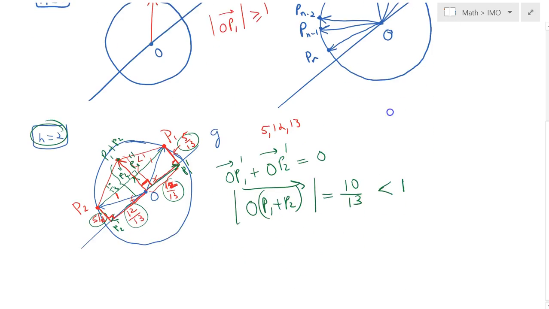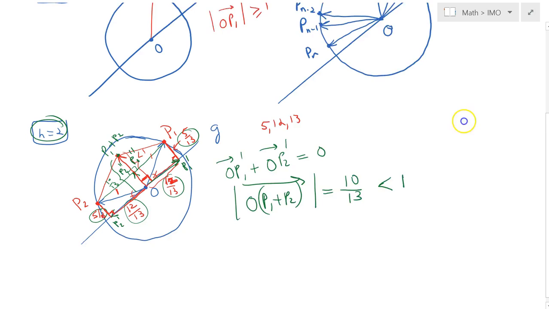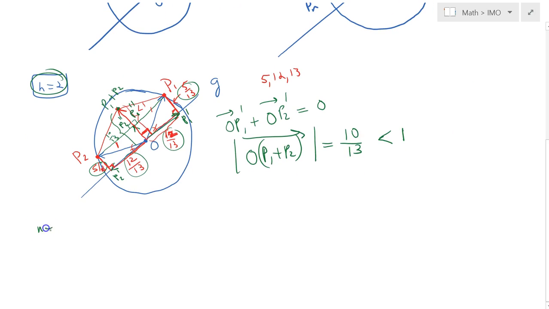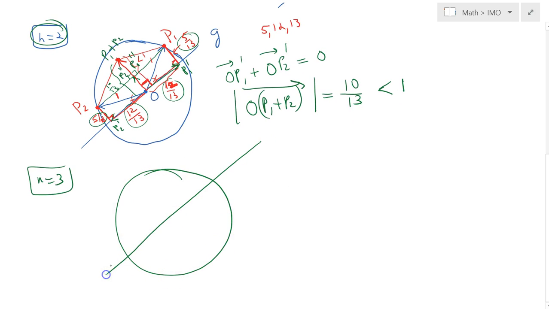start thinking, why, when we add another vector, would it force the sum to be outside? That's one way to think about it. N equal to 3 is probably a good case, so let's draw the circle, our line G and our point O inside. When we put all of them, there are some extreme cases that we can consider.